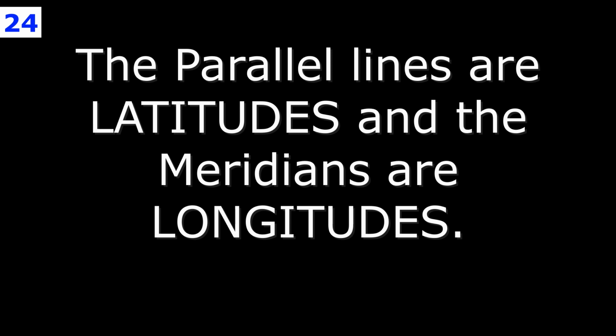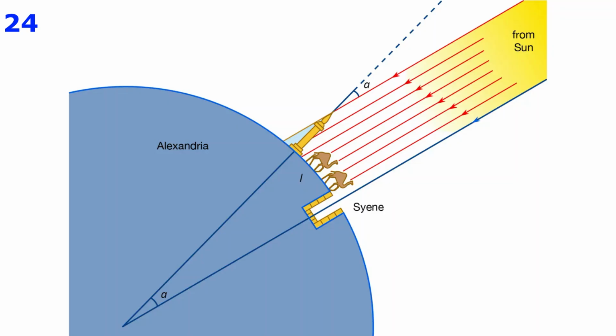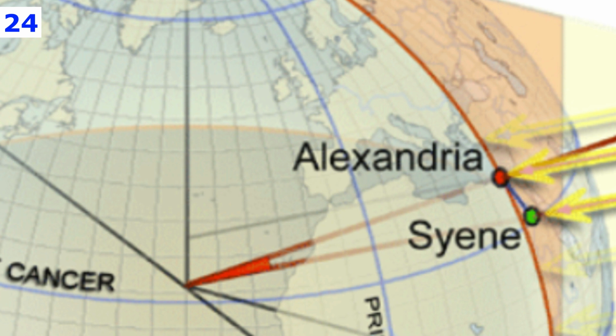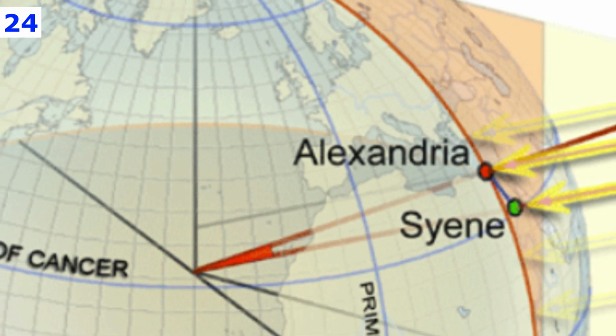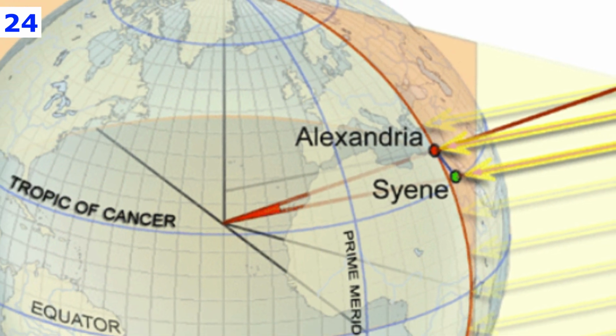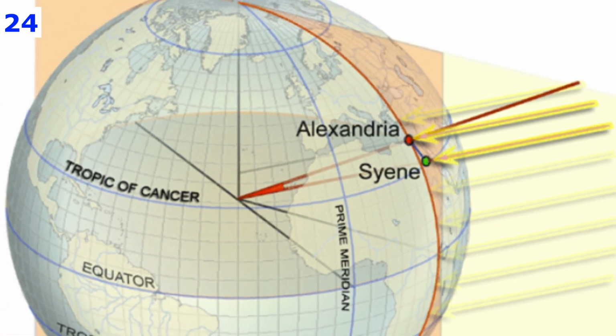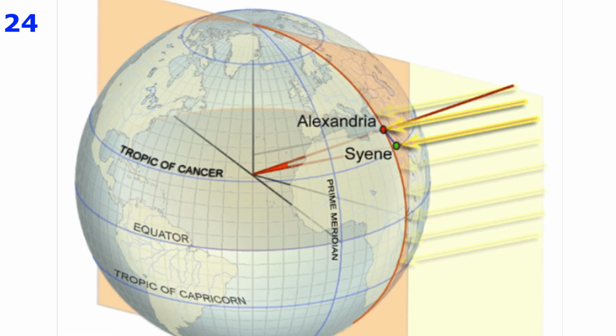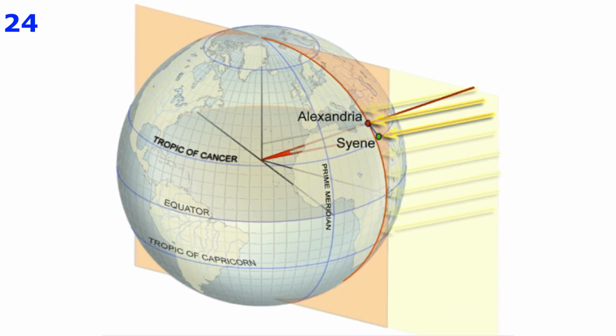Friend, Eratosthenes calculated the circumference of Earth within 24 km of modern calculation. How did he do it? He used geometry. Yes, friend, he used geometry. Eratosthenes observed the angle of the midday sun on June 21st at Syene, present-day Aswan, and at Alexandria in Egypt.